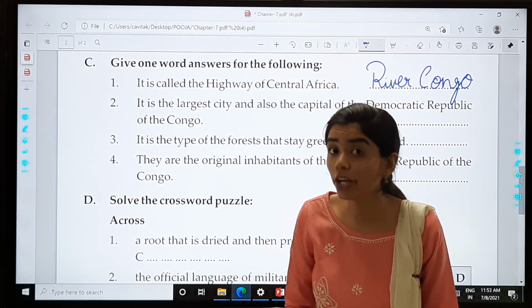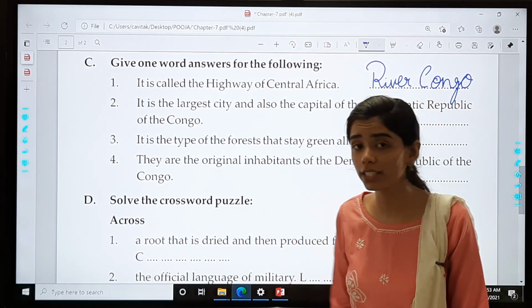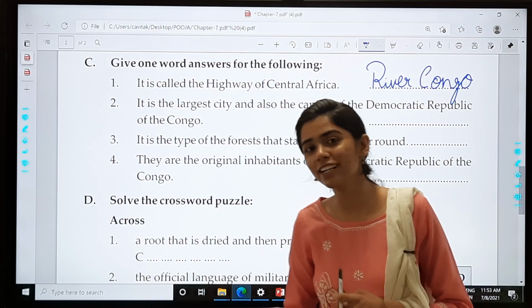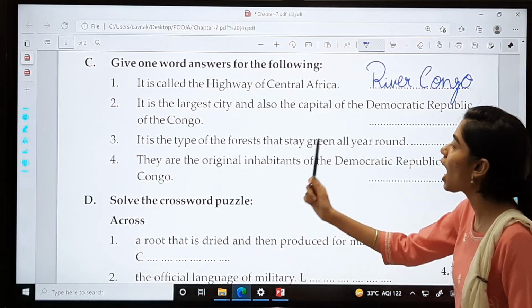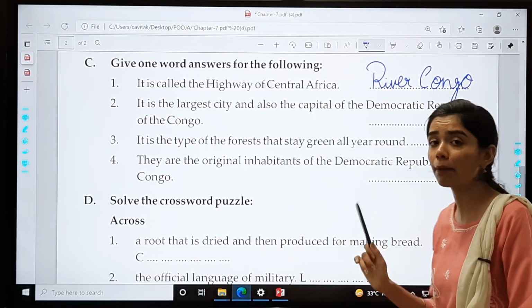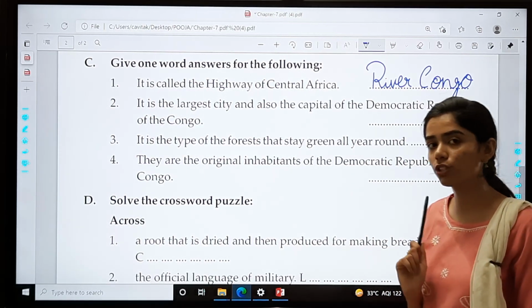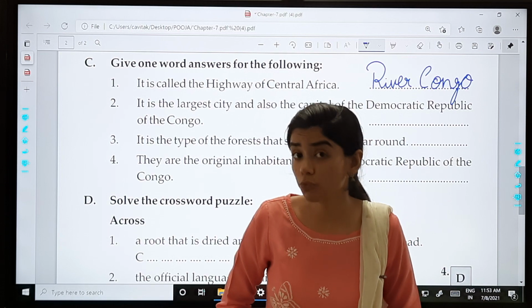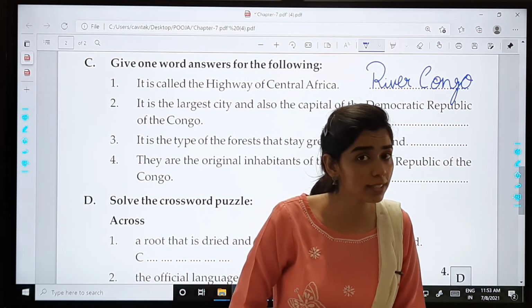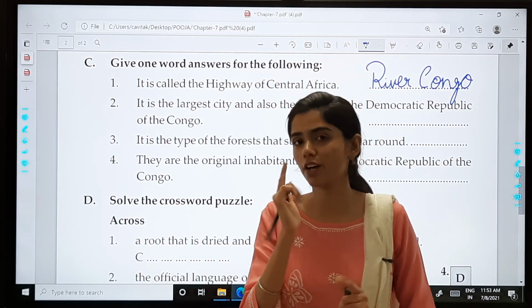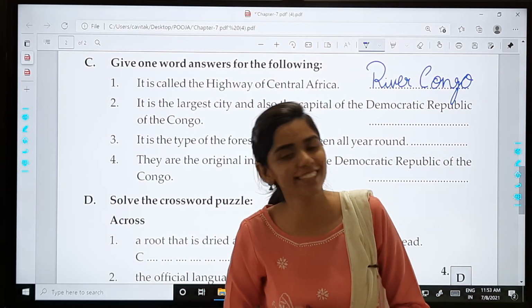So there is greenery all year around in this forest. Which is the name? Come on. Okay. They are the original inhabitants of the Democratic Republic of the Congo. This also we have discussed about the Negroes. So that you have to write. I have given the hint. I will not tell the answer.